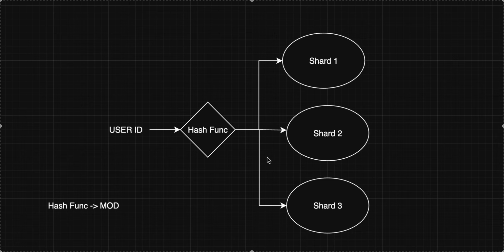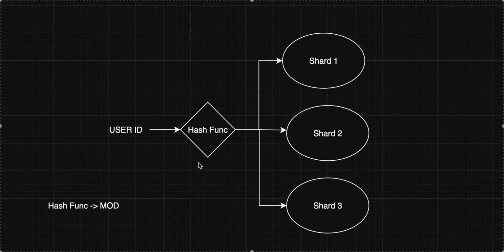Okay, so let's suppose you have provided some user ID, it is saved in shard 1. So now you will expect that whenever I give a get query with the same user ID, my query should go to shard 1 and fetch data, because in shard 2 and 3 you won't get that data.